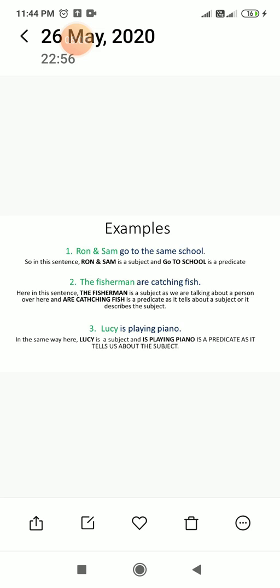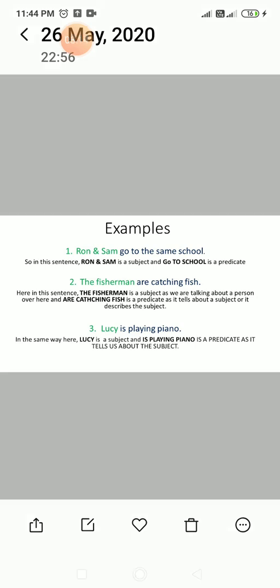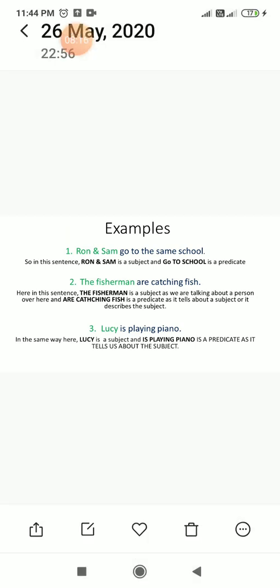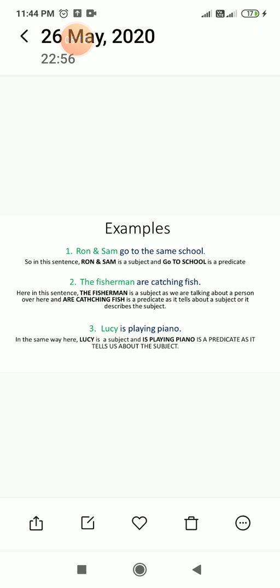Okay, students, the last one. Lucy is playing piano. Now here we are talking about whom? Here we are talking about Lucy, who is a girl. Okay, what is Lucy doing? Lucy is playing a piano. So in the same way, Lucy is a subject and is playing piano is a predicate as it tells us about the subject.